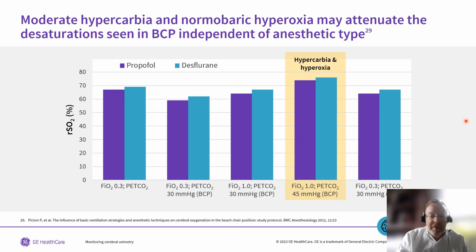And then finally, they put them back to an FiO2 of 30% and an end-tidal CO2 of 30 to bring these patients back to their baseline. I think this study elegantly shows that moderate hypercarbia as well as normobaric hyperoxia can attenuate desaturation seen in beach chair position regardless of the anesthetic type that the patients are undergoing.